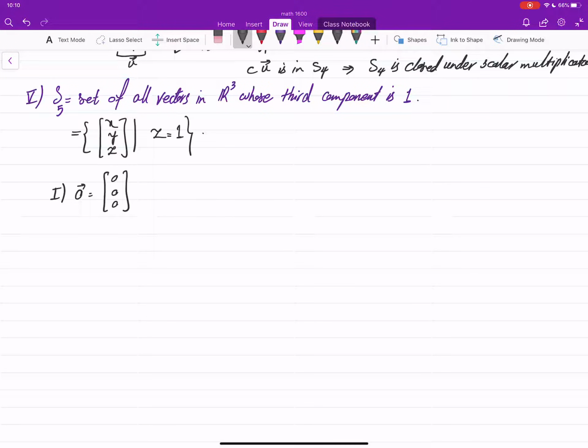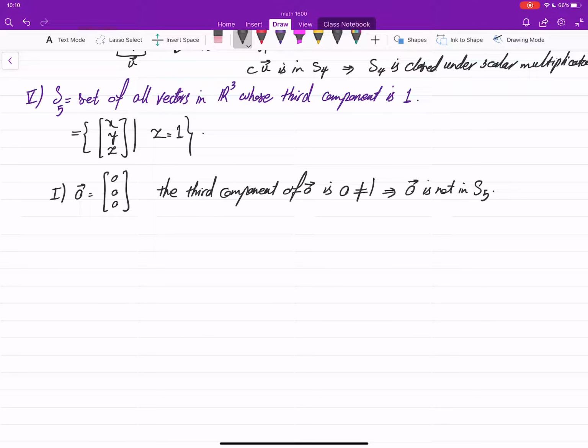The third component of the 0 vector is 0, which is not equal to 1. That means that the 0 vector is not in S5.